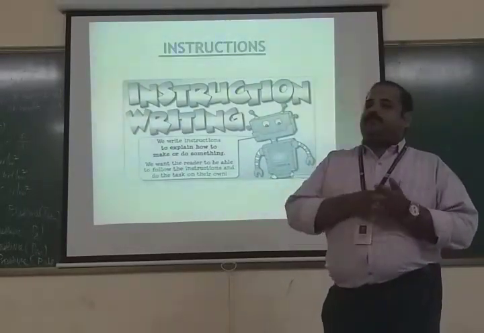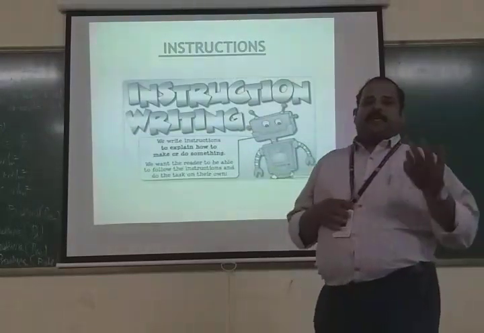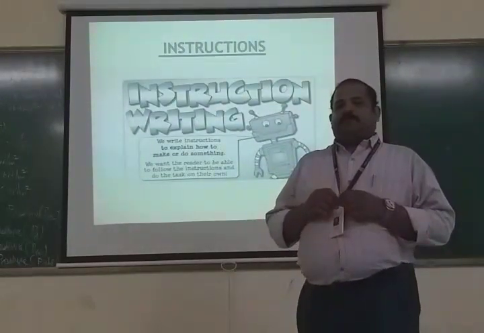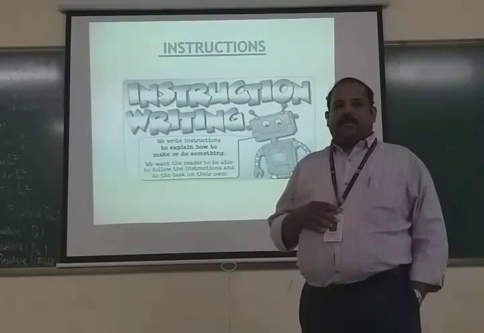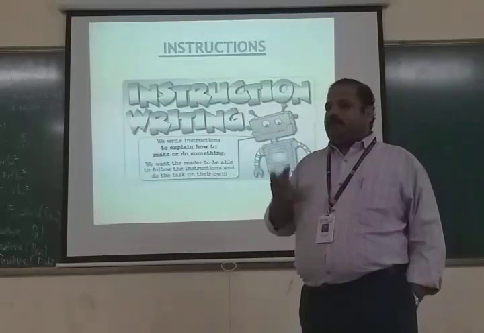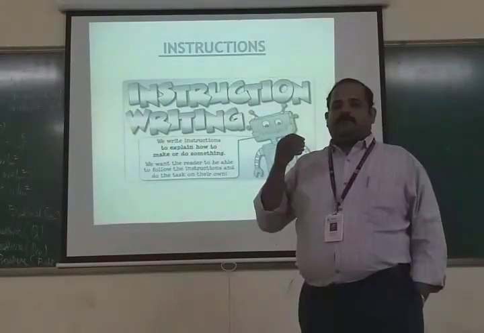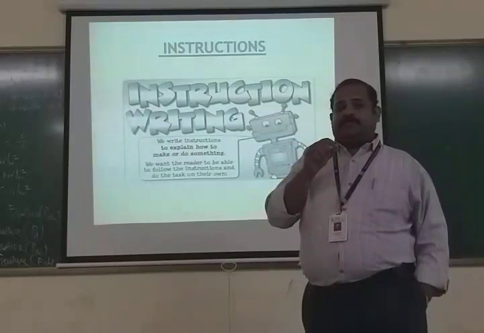Okay, take the first question. Write a set of 8 instructions that should be followed in the chemistry laboratory. For the first one, we have to form the verbs. What are the things that we are going to follow in the chemistry laboratory? We should not use the word recommendations.